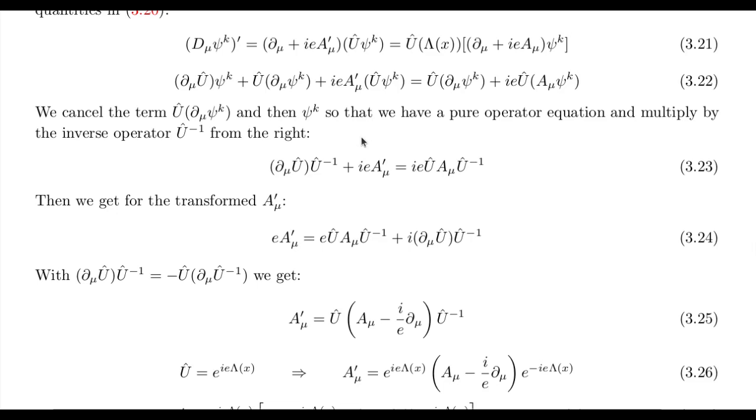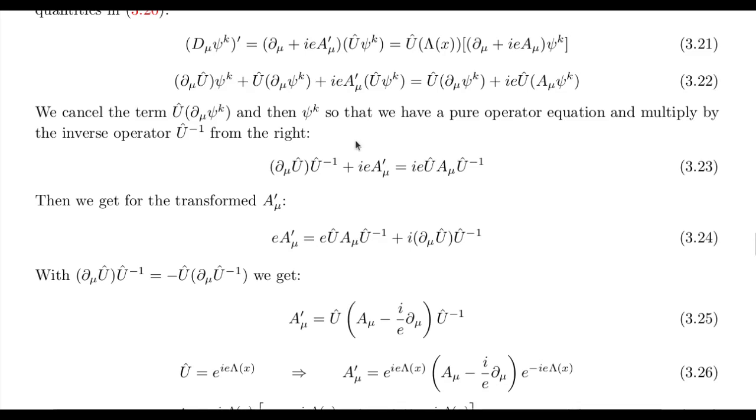Then we can cancel out a term because it's the same term on both sides of the equation. This second addend here and the first addend on the right side are identical. We cancel them out, and then we also cancel psi and make a pure operator equation out of the equation. Then we multiply by the inverse operator u to the power of minus 1 from the right side.